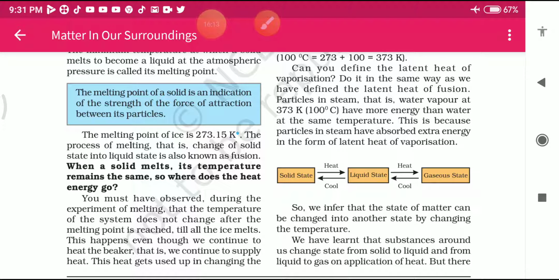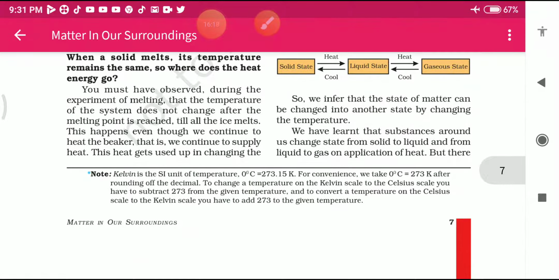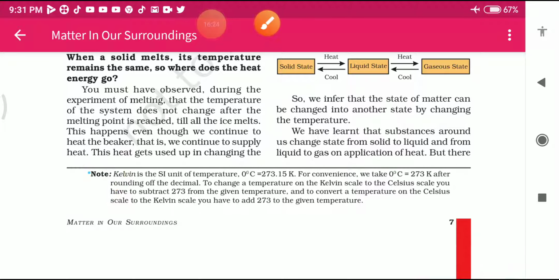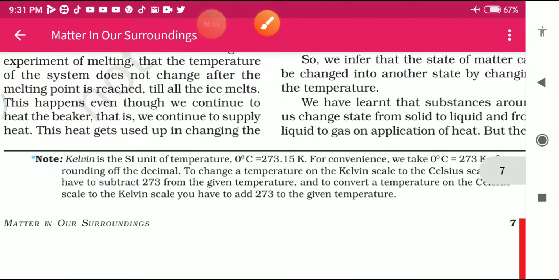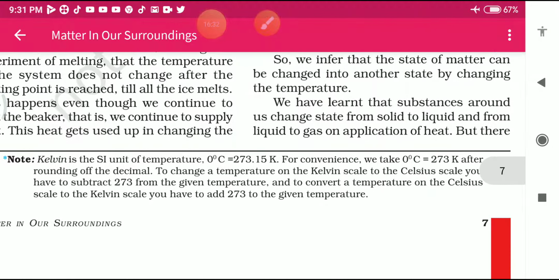Okay students, something is left here. See the notes here, in this one note something is written about the Kelvin. Kelvin is the SI unit of temperature. 0 degrees Celsius equals 273.15 Kelvin.